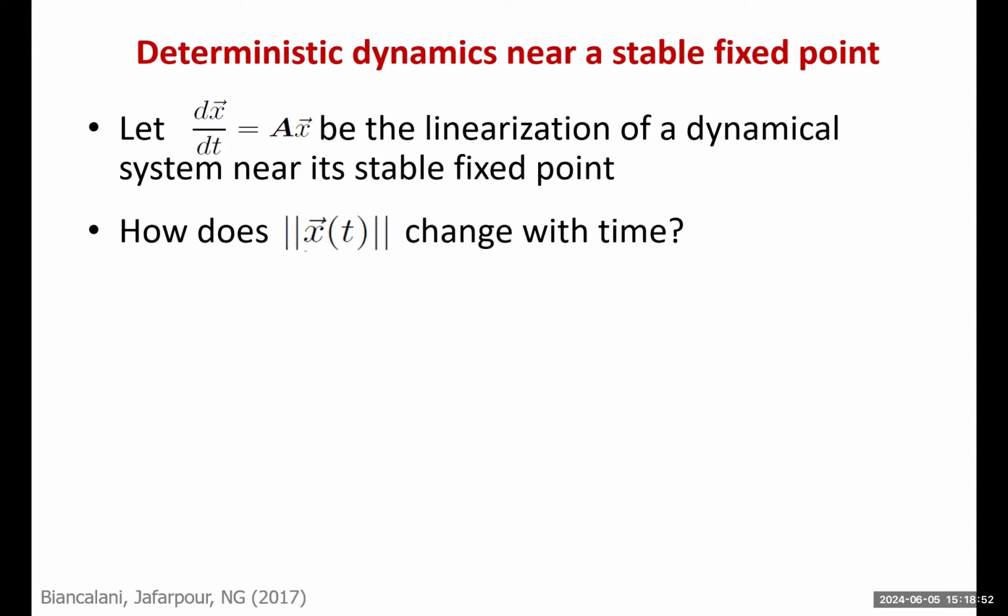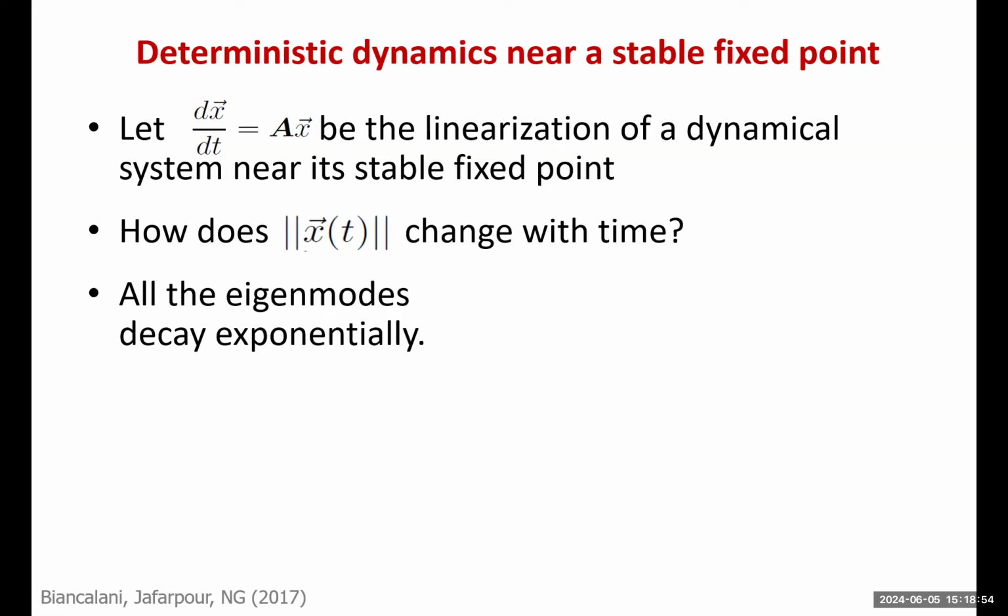And when we look at the magnitude, the norm of x, as a function of time, you would say, well, we're looking at a stable fixed point. If it's stable, that means that the eigenvalues are negative, and so any perturbation will go as e to the minus omega t. So they'll just decay and be small.